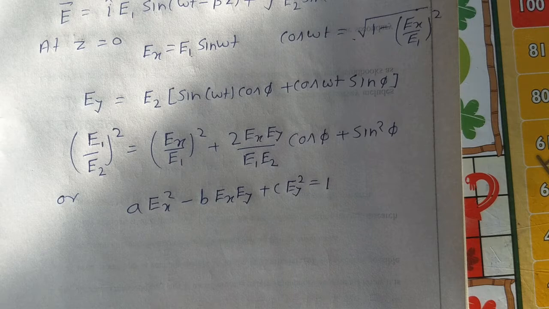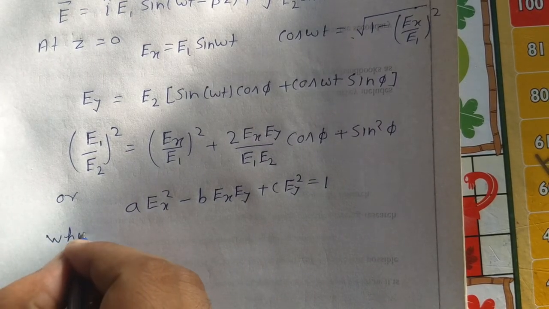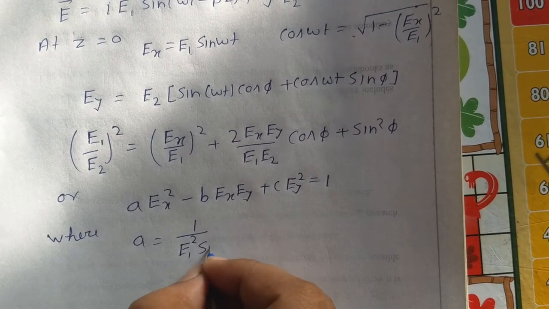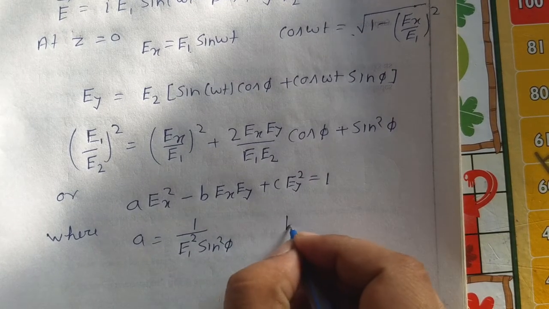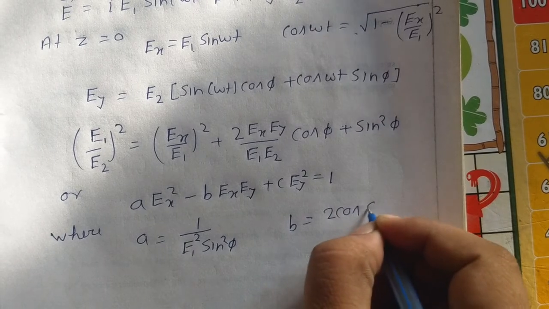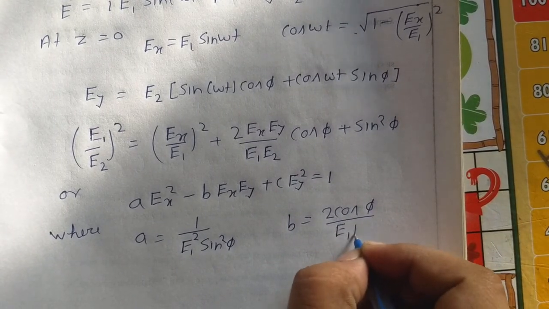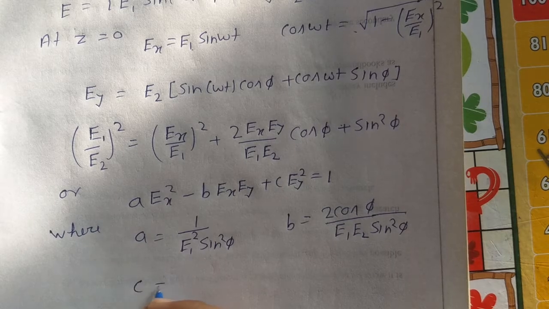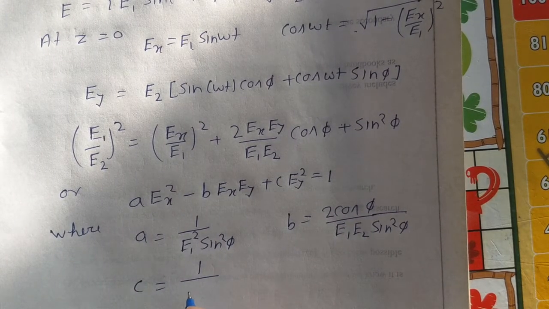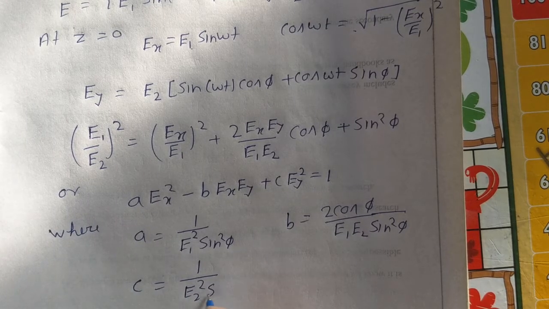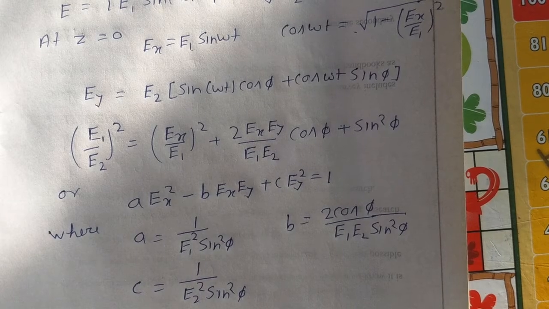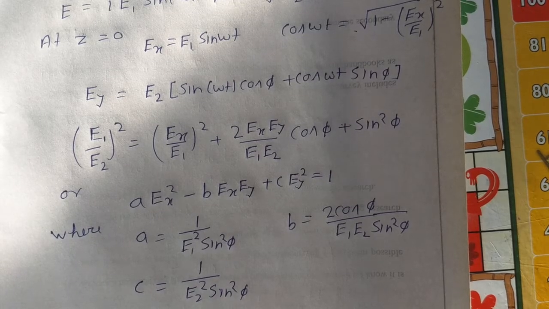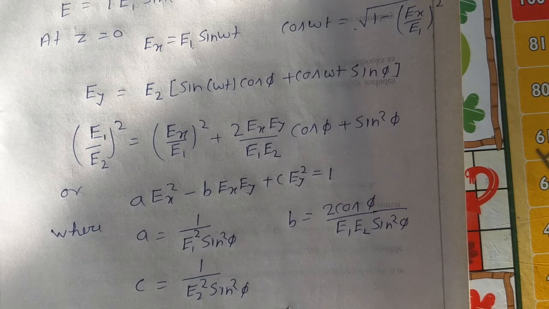When we compare both equations, we can find a equal to 1 divided by E1 square sin square phi, b equal to 2 cos phi divided by E1 E2 sin square phi, c equal to 1 divided by E2 square sin square phi. Above is the equation of ellipse.